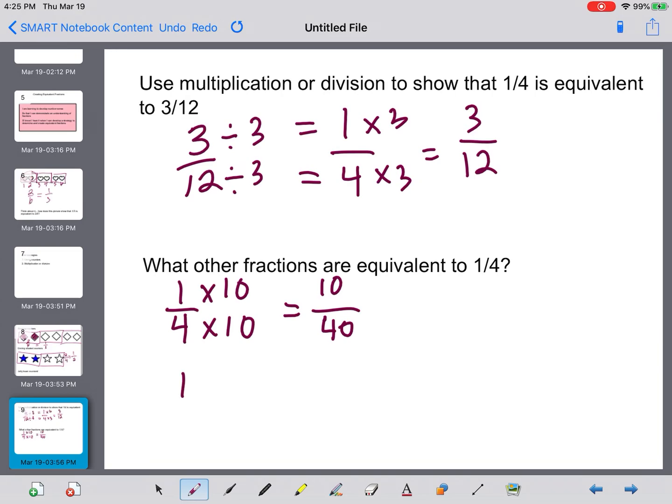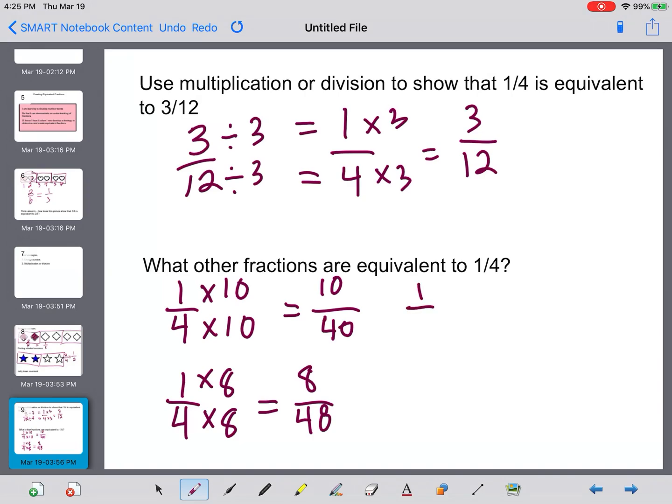Let's do another one. My favorite number is 8, so let's do 8. 1 times 8 is 8, and 4 times 8 is 48, meaning that 1 over 4 and 8 over 48 are equivalent fractions.